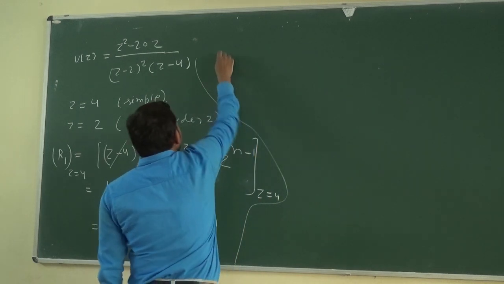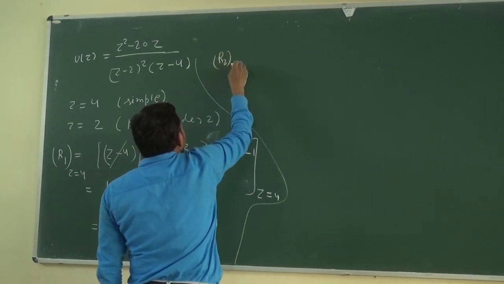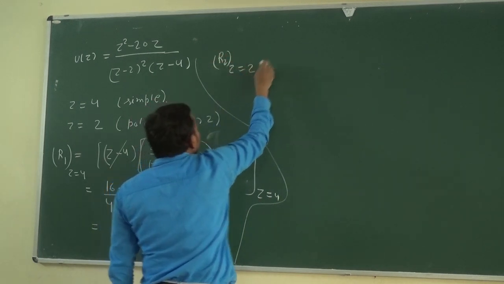Now we want to find the residue R2 at z equal to 2.